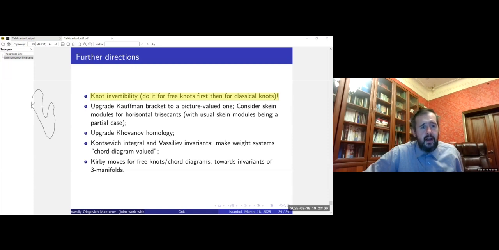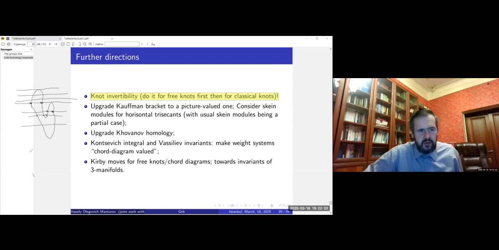You take a Morse knot in R3 and scan it by horizontal lines, and you take some chords here. I'm interested in what can happen if we look at triple chords.